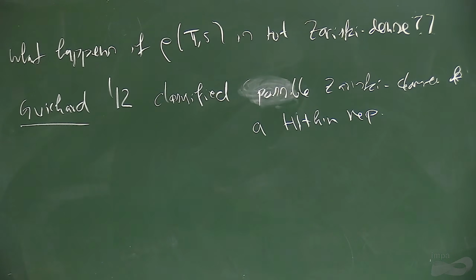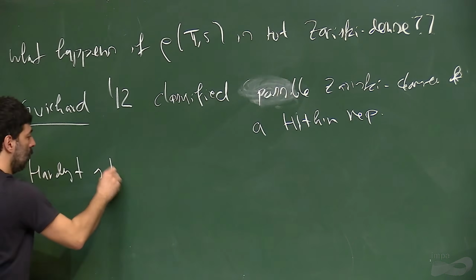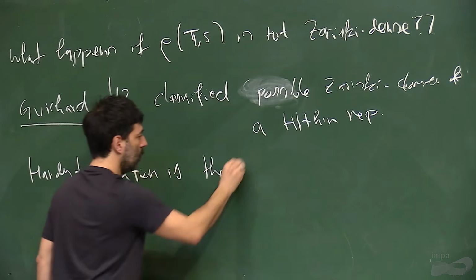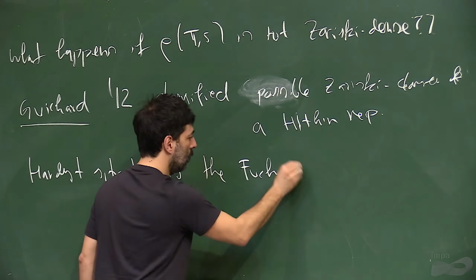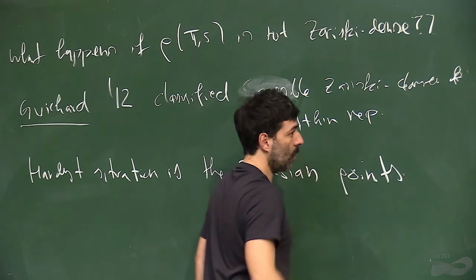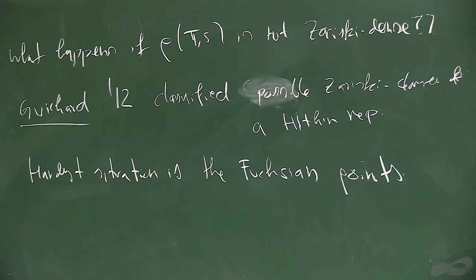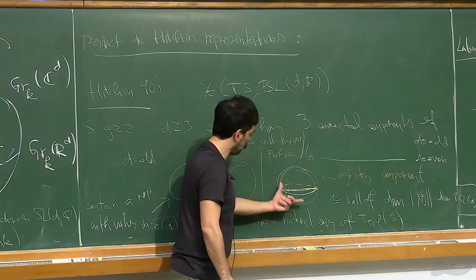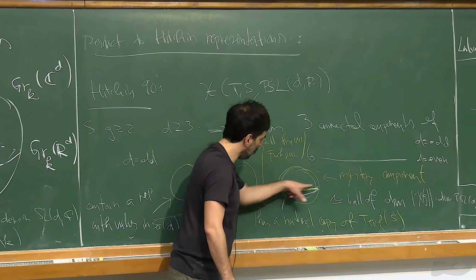And the hardest situation to understand is the function case, is the function points. So we had our mystery component, and I told you that it naturally contained a copy of that mirror space.